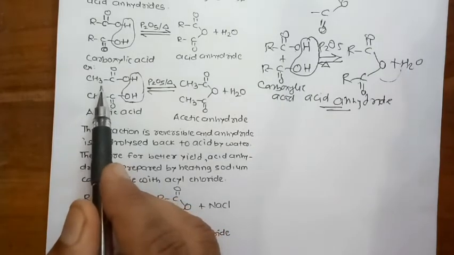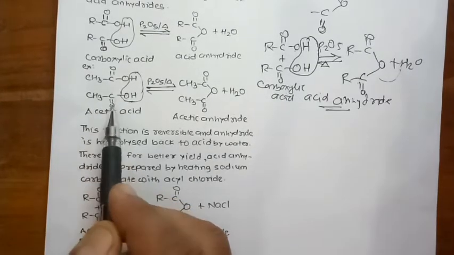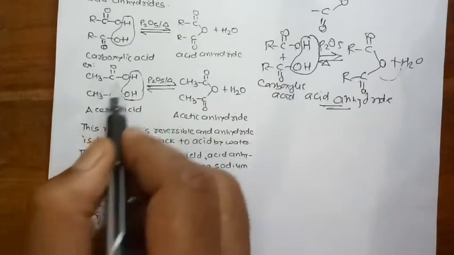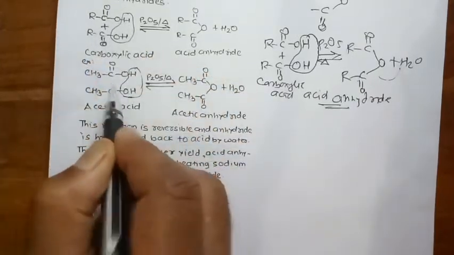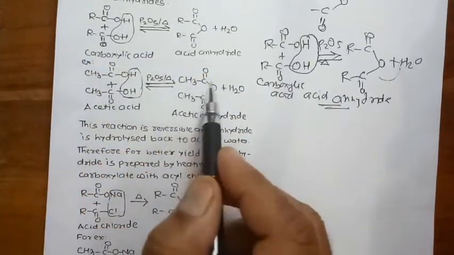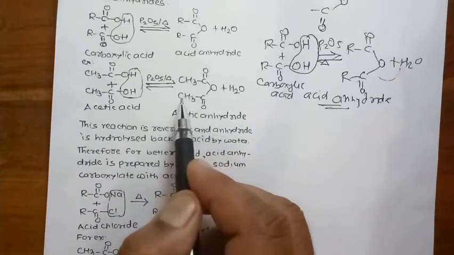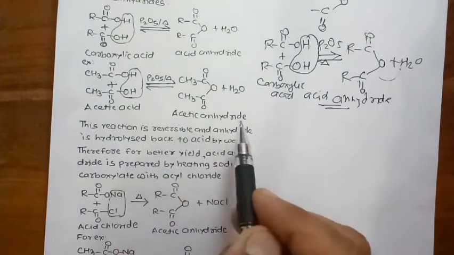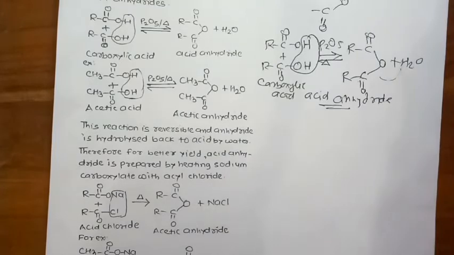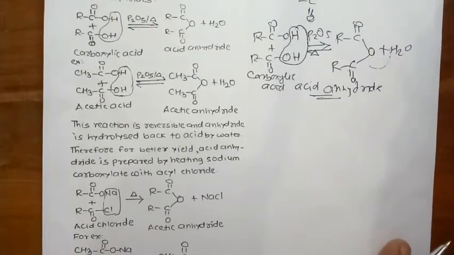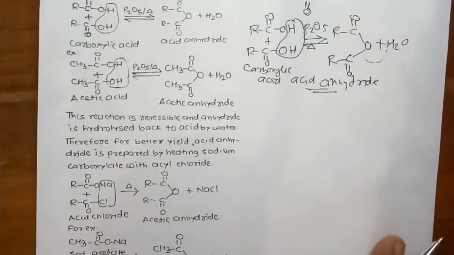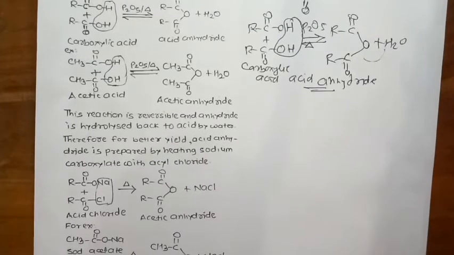Here acetic acid CH3COOH plus CH3COOH, 2 molecules of carboxylic acid, gives CH3CO, C double bond O, CH3 plus H2O, it is acetic anhydride.